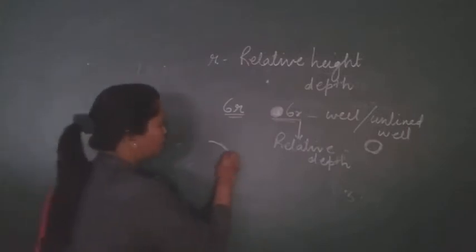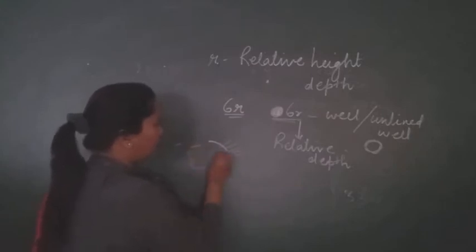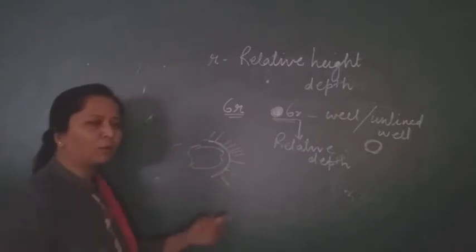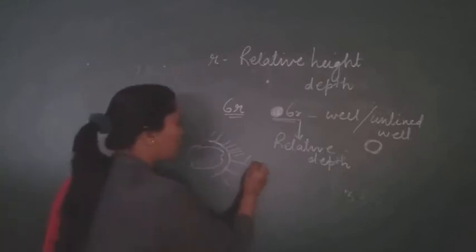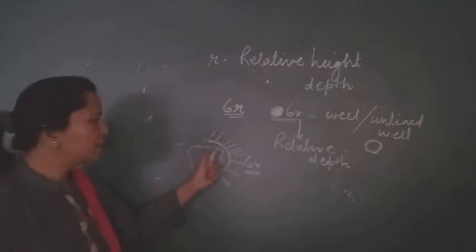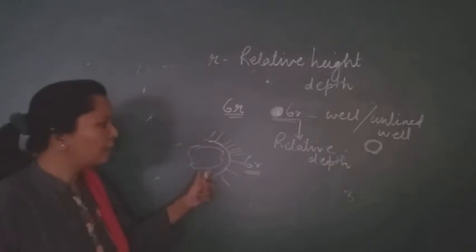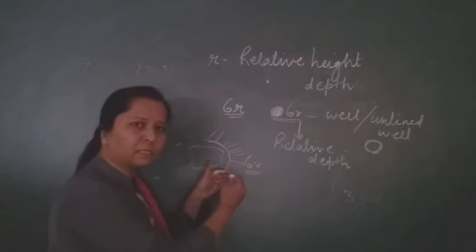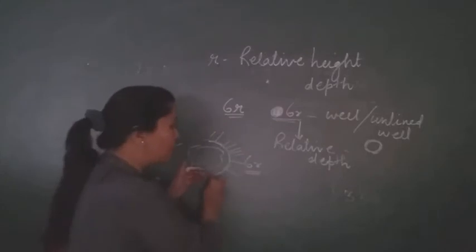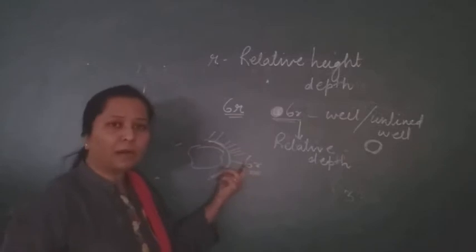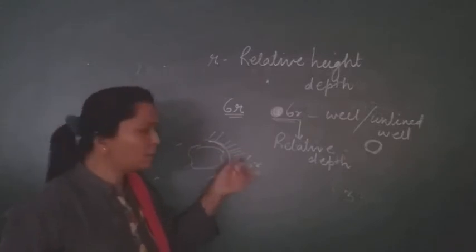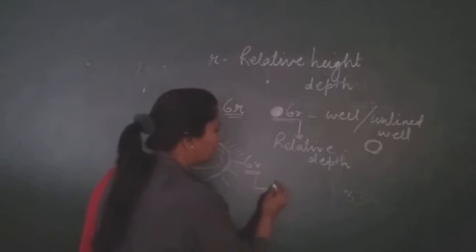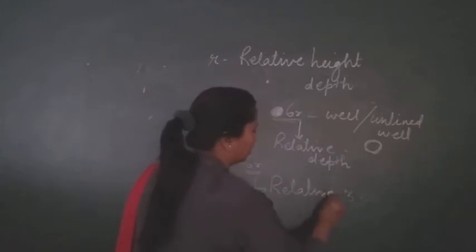For example, if embankments are there, and this is the embankment, this is the symbol for the embankment on your topographic map, and if it is given as 6R, it is to be understood that near the tank or near the water body the embankments are there, and the embankment is 6R, that is the relative height, because we are not going to measure the distance in meters deep into the waters, but because we are going to measure the height of that particular embankment, because the embankment will be raised above the ground, so it will be relative height.